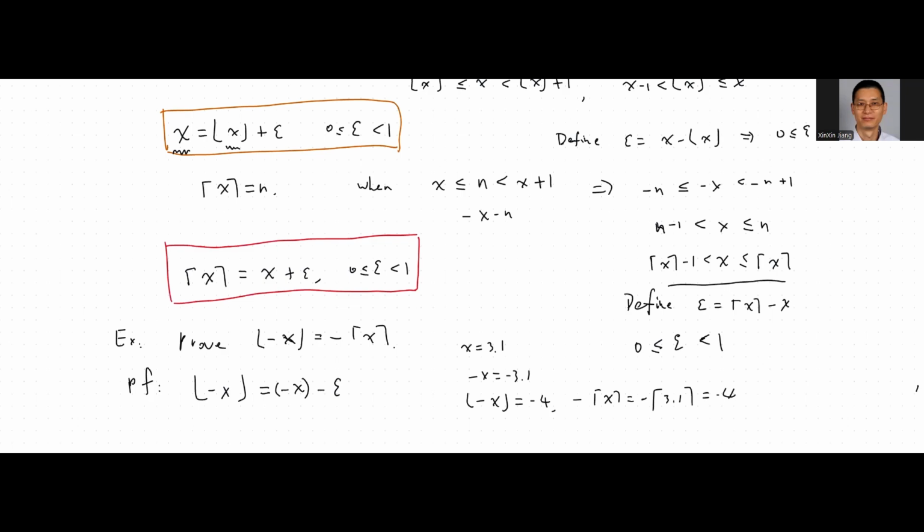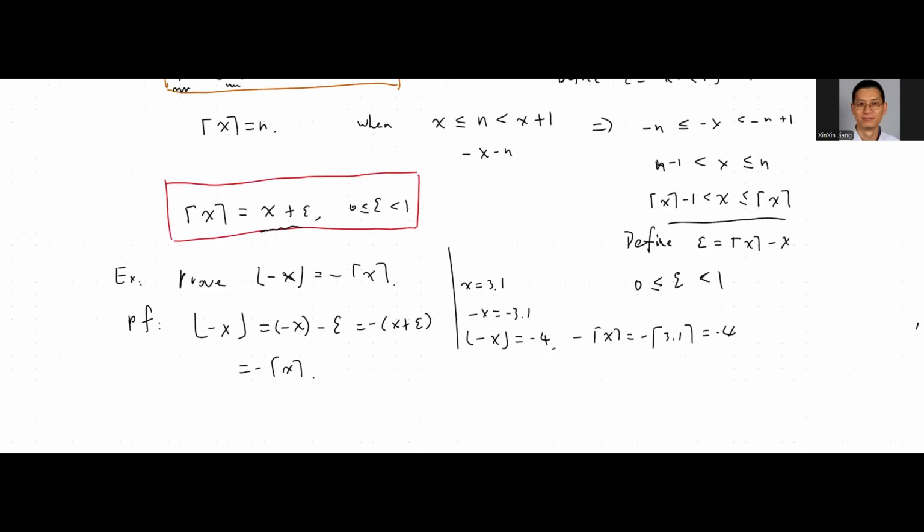So that equals negative of x plus epsilon. X plus epsilon equals what? Equals the ceiling of x. So that's the proof. Okay.